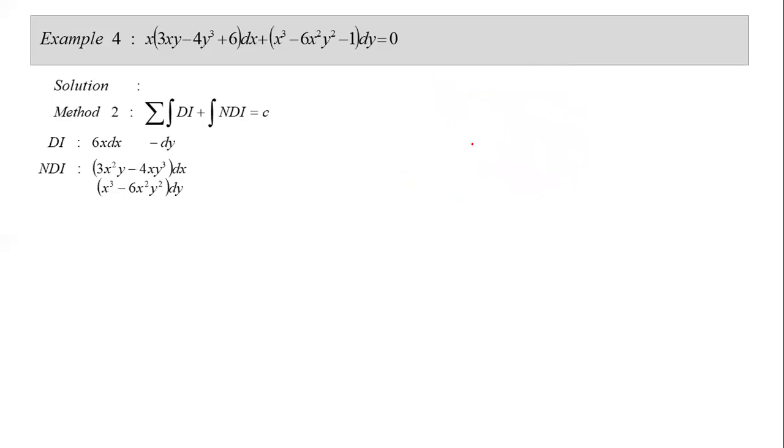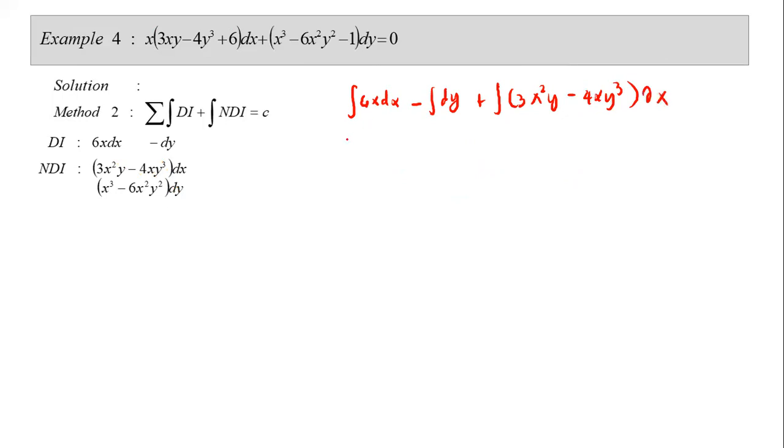Okay. And then we now have the summation of the direct integrable, minus the integral of dy, and then you only choose between these two. Say we choose this one. Then plus the integral of 3x squared y minus 4xy cubed, then dx.